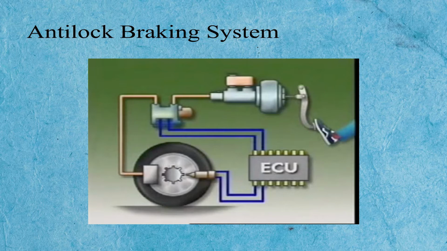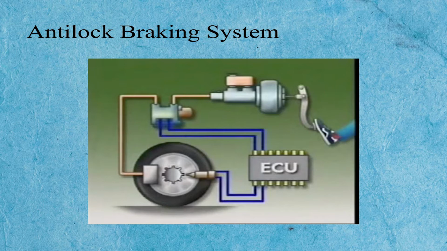Before this system, they taught drivers that you need to pump the brakes when you're trying to stop on a slick surface. You need to pump the brake pedal real fast, and that keeps the wheels from locking up. Because once the wheels stop turning and you go into a skid, then you have no more control over the car.